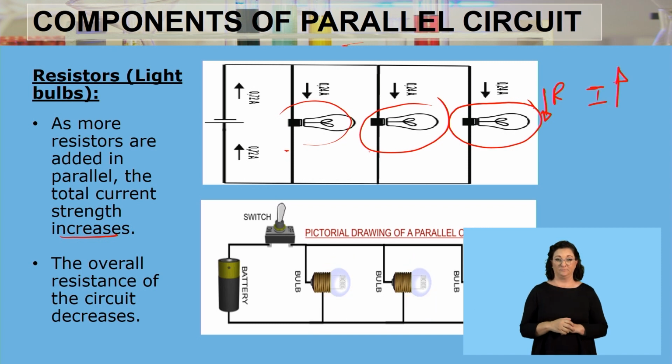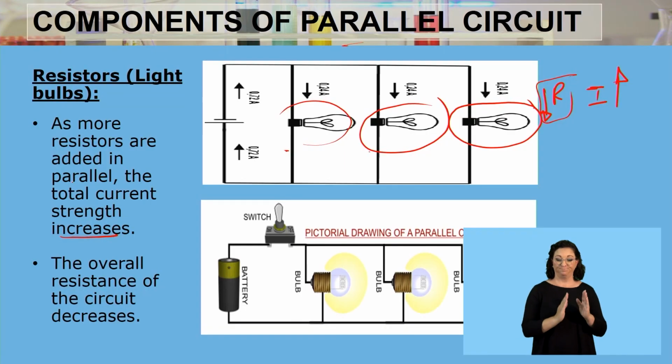So the current will increase once the resistance is decreased. Basically, by adding an additional resistor or an additional light bulb in this electric circuit, we are decreasing the resistance. Overall, because we have added more resistors in parallel, the resistance of the circuit is going to decrease.